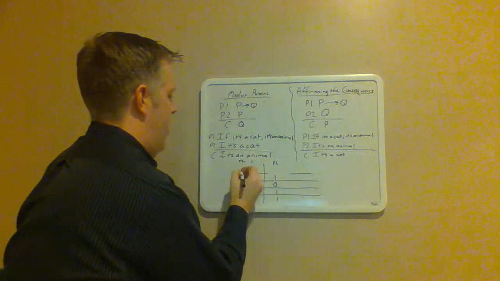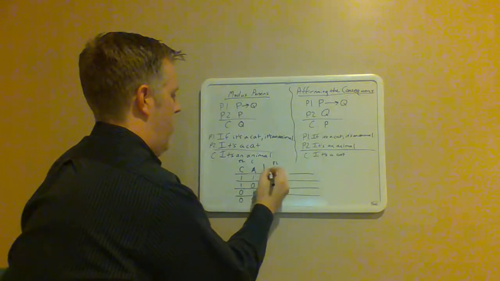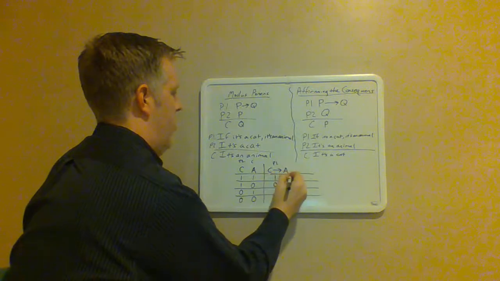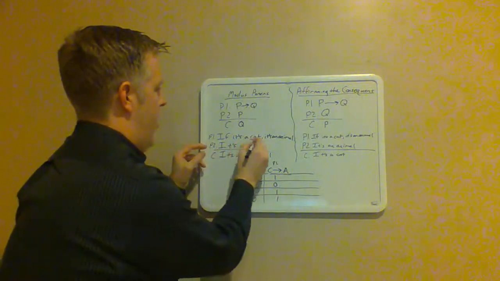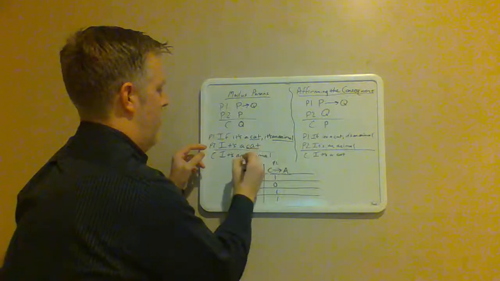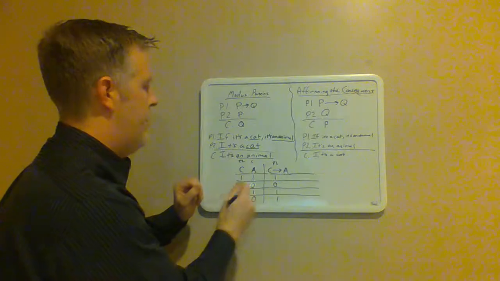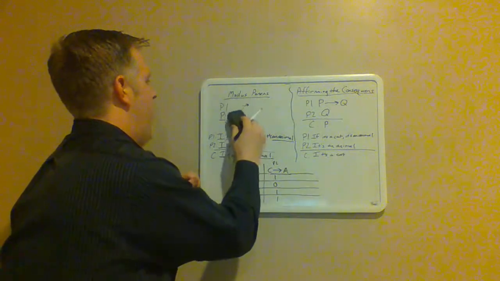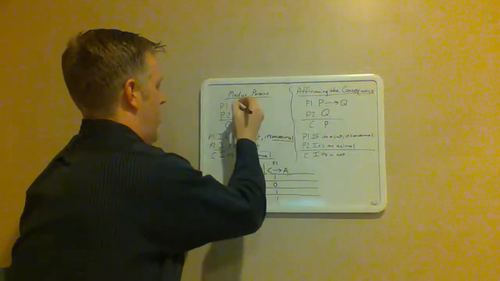So let's go ahead and do C and A for cat and animal. Okay. So, right, we have our reference columns, which always reference the original claim variables without any logical operations or symbols involved.